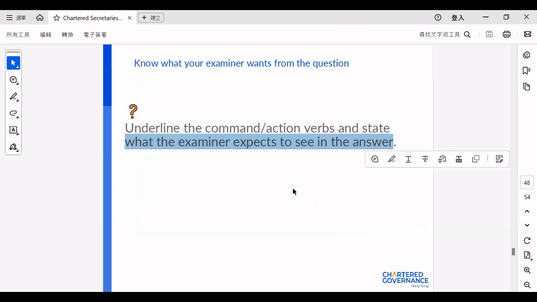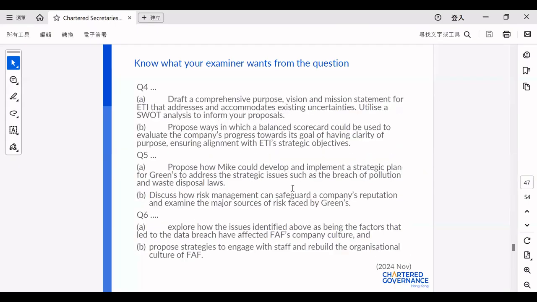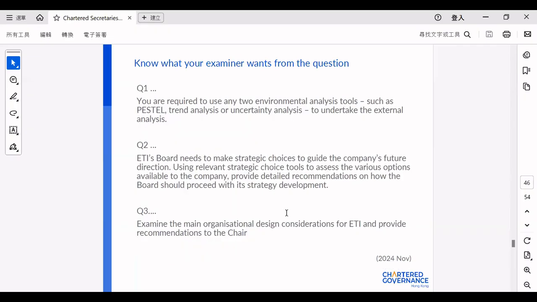You are not answering the question, right? We're not talking about the content, the detail, the substance of the answer. We're just looking at the question itself, and what you are expected to write in your answer. Just write down in general what you're required to do, right?